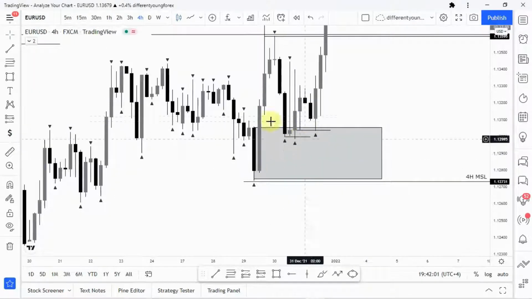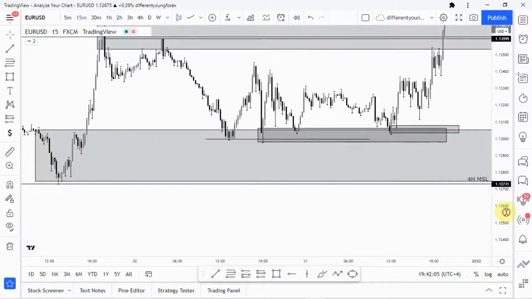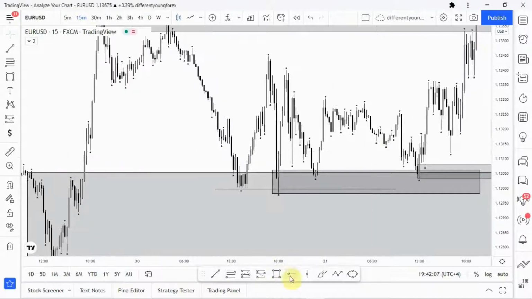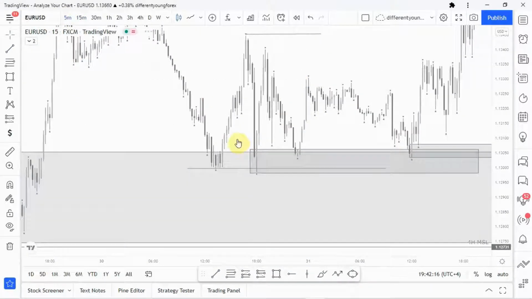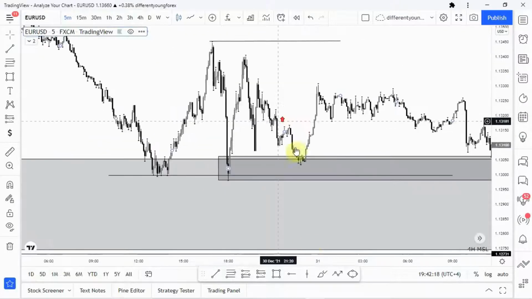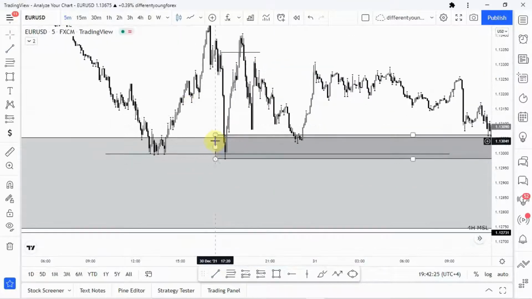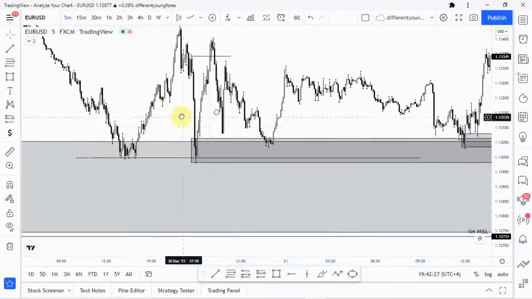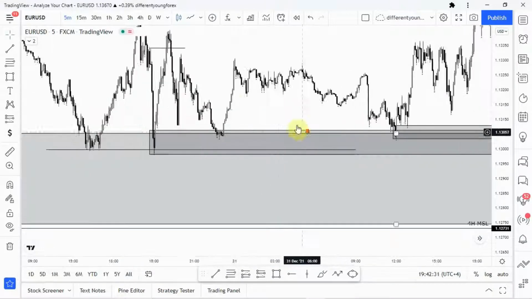If we go to the 15-minute time frame, there was no break in structure. 15-minute was right here, and what happened is it actually broke 5-minute right here. We can use the 5-minute block, but that doesn't mean we have to take the trade. We can use this block.